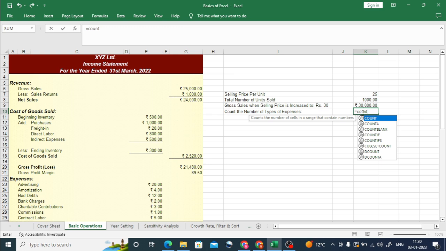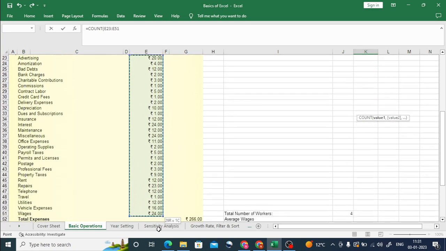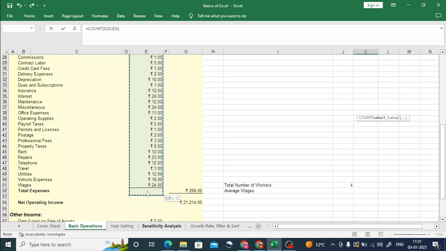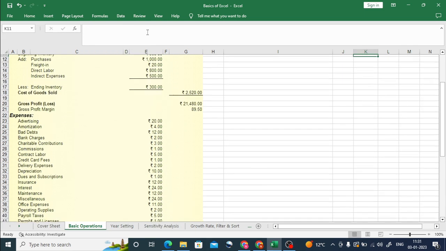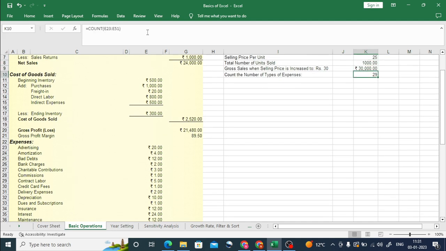Count function will simply count the total values, right? So you can simply select the first expense and drag it to the last expense, which is wages. Close the bracket and hit enter. So it is showing there are total 29 different types of expenses.